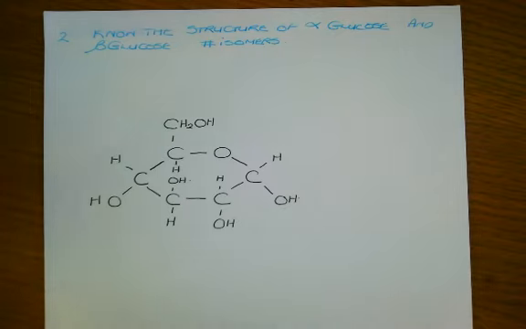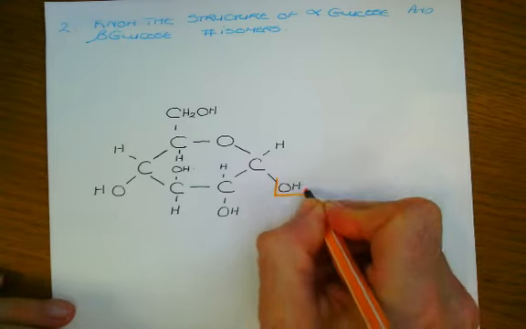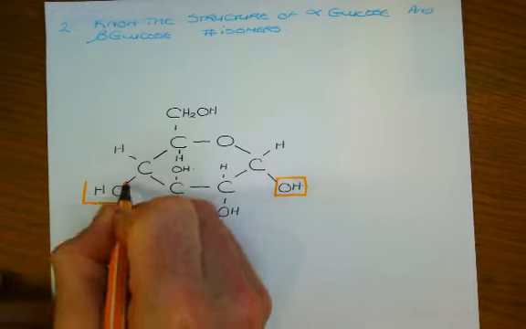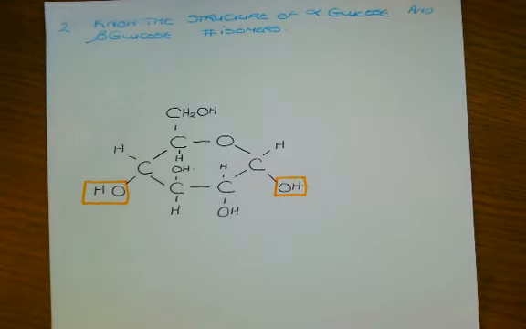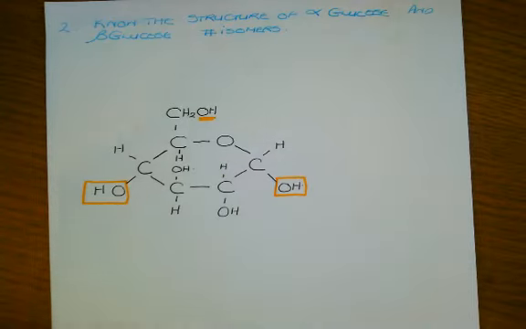That is alpha glucose. The important bits of alpha glucose that you must get in the correct positions are this OH group at carbon 1 and this OH group at carbon 4. We might also spend a bit of time talking about this OH group later on when we talk about glycogen and amylopectin.